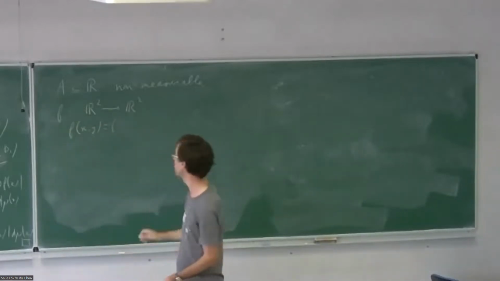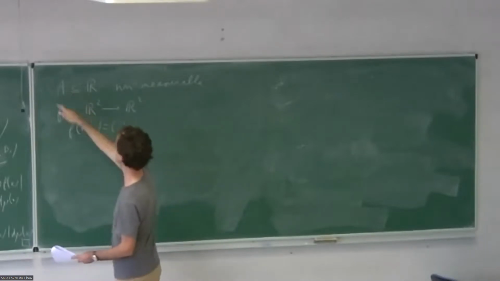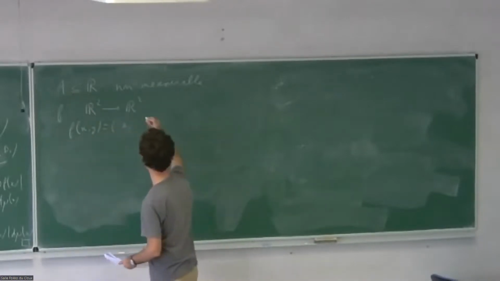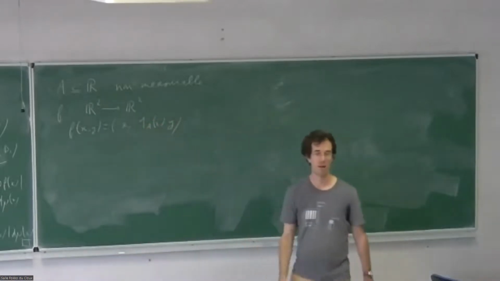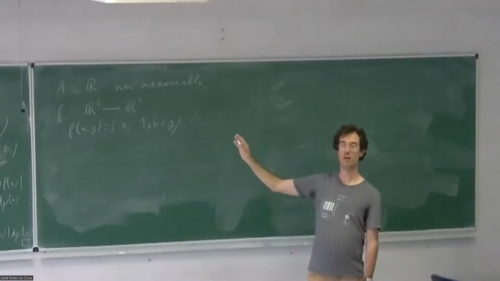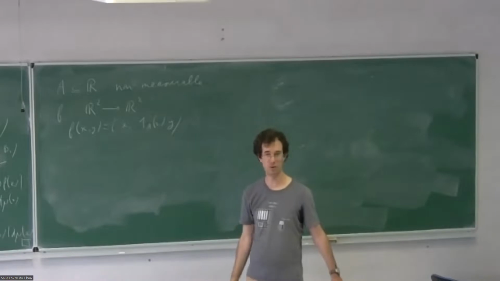Horizontally, I just put x. Vertically, I will kill y if x is in the set A, or the opposite: 1_A of x times y. That's a very nasty function, because A is not measurable, so this function is not measurable.